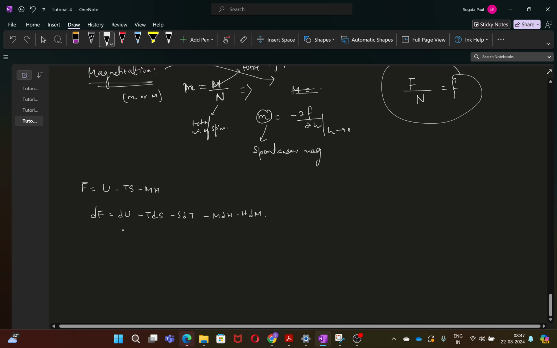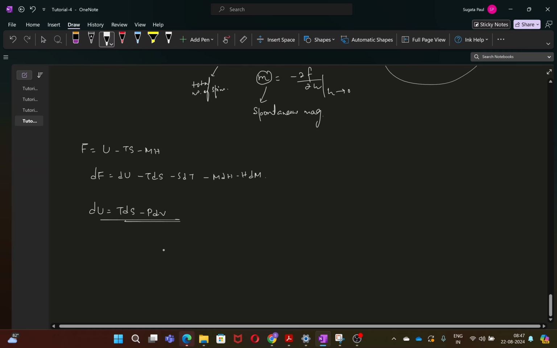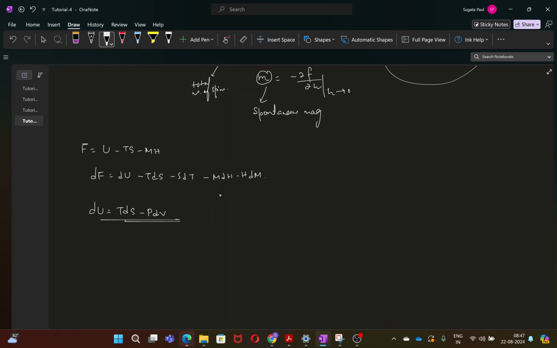Now from the law of thermodynamics, you know that dU equals TdS minus PdV if it is a system where pressure and volume come into the contribution, like a fluid system. But if it is a magnetic system, then instead of P and V, we have the parameters M and H, because they are the quantities of magnetization and magnetic field.